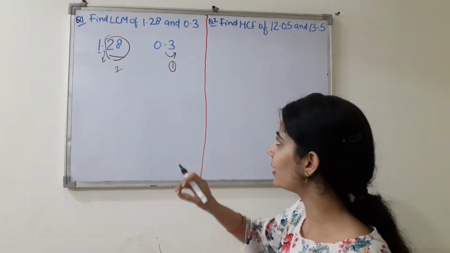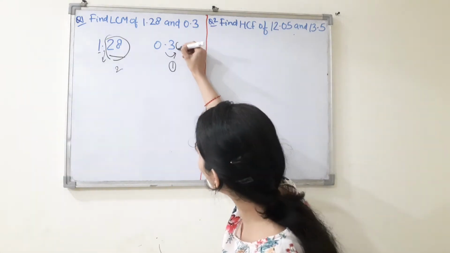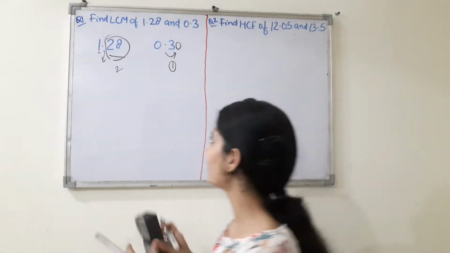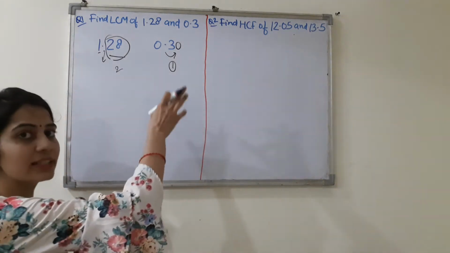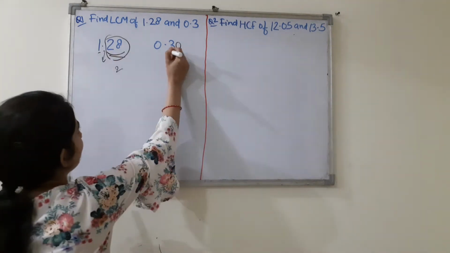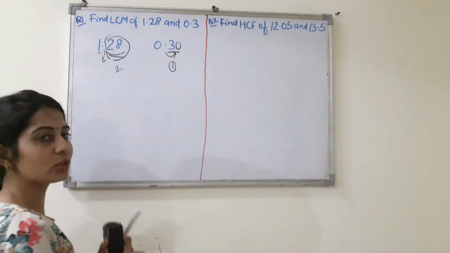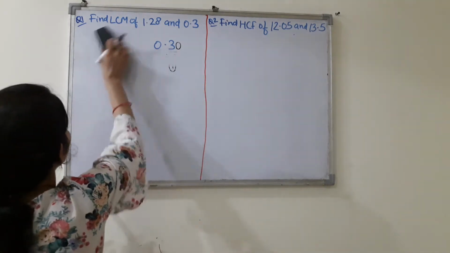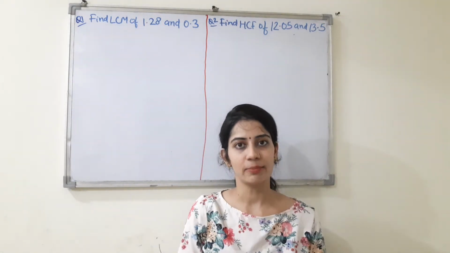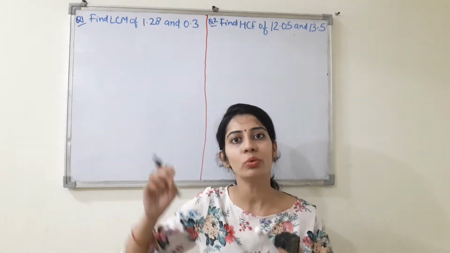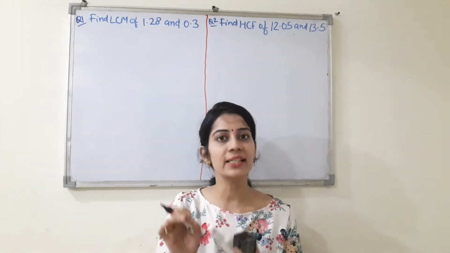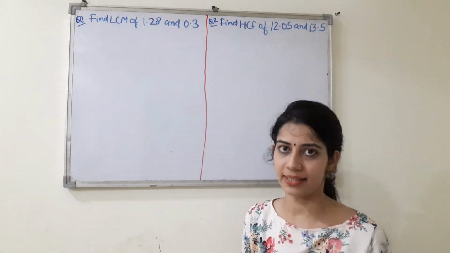For this we will simply put the 0 after the 3. Now the places of decimals are equal because here we have 2 digits and in this we also have 2 digits. So this is your first step: the place of decimal must be the same. And how can you make them the same? By suffixing 0 wherever it is necessary.